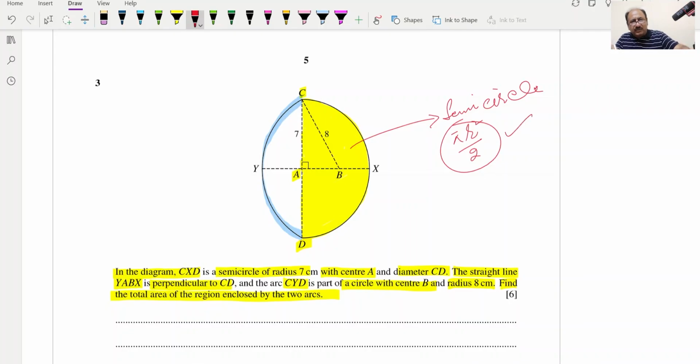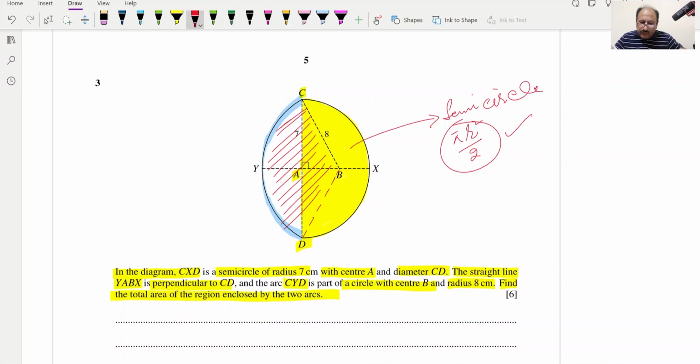Now the second thing we will do is find the area of the sector, and that sector will be this one. We will apply the sector area formula.